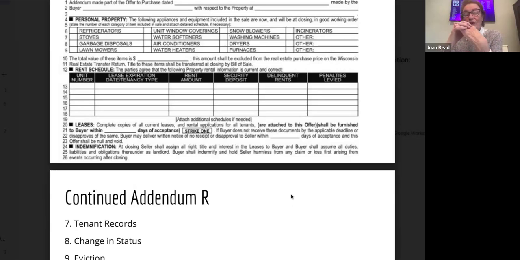Make sure that when you're working with a buyer as a buyer's agent, that you can explain what those sentences mean. A lot of people just kind of brush over this, but it is something that they need to understand. So the buyer shall indemnify and hold seller harmless from any claim or loss arising from the events occurring after closing.